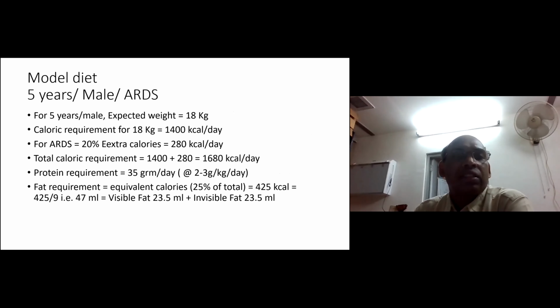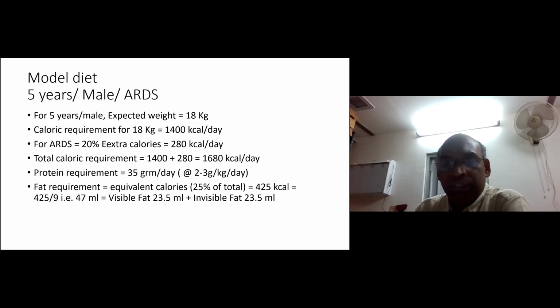So this is just an example model in a 5 year old child who is 18 kg. He will have around 1400 kilocalorie per day requirement, and if he is on RDS, again 280, it comes to around 1680. His protein requirement will be around 2 gram per kg, 35, and his fat requirement will be around 50 ml, so around 25 ml will be given.